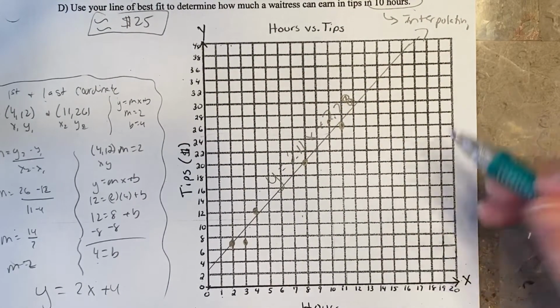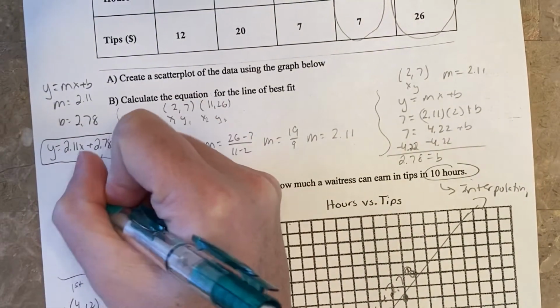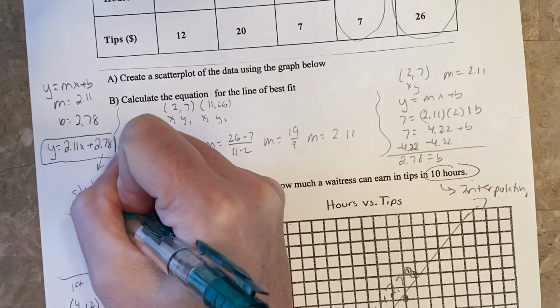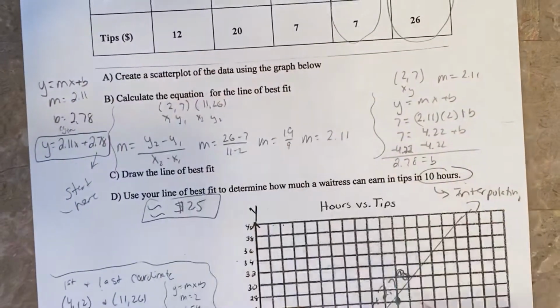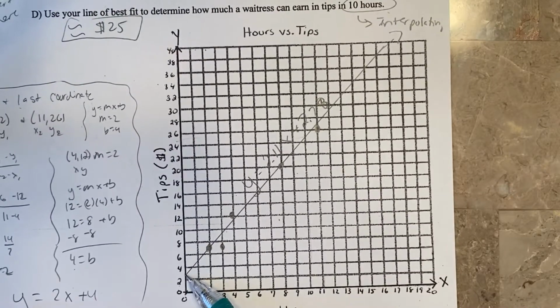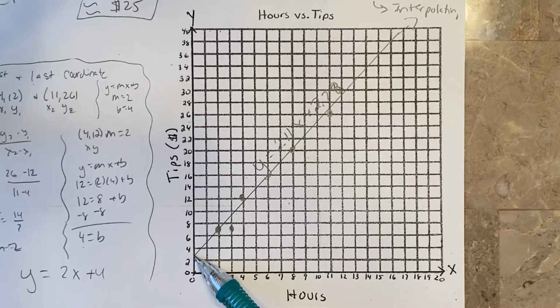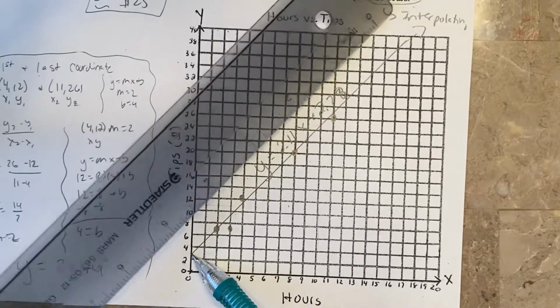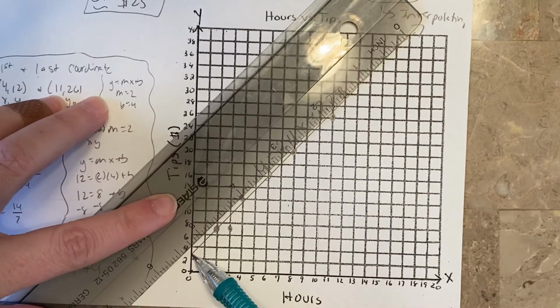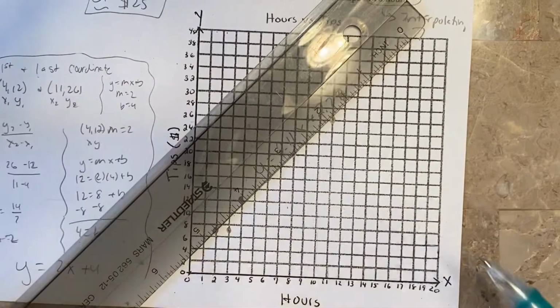When you get this equation, you want to make sure you start here. Before beginning, here's where you want to start. Take your pencil, wherever you think around 2.78 is, don't put an extra dot, because you can't have any extra dots. Then take your ruler and go through the middle of those points, whatever you think the middle is.